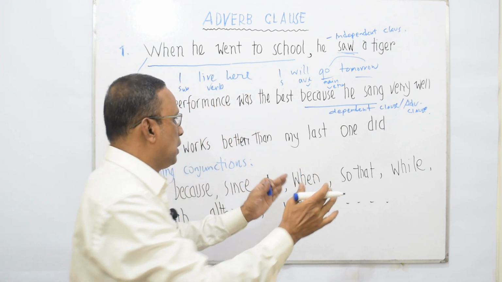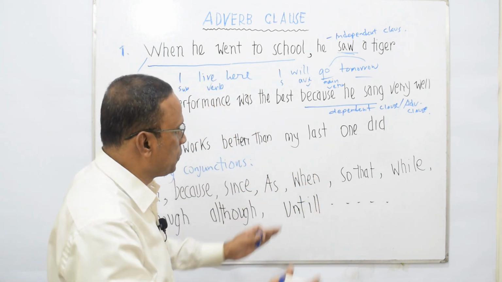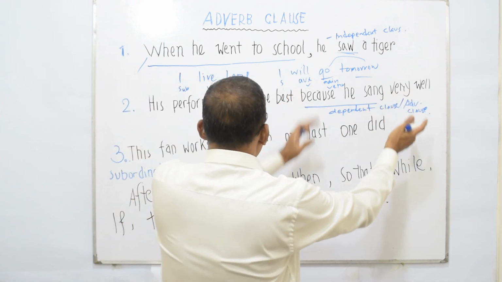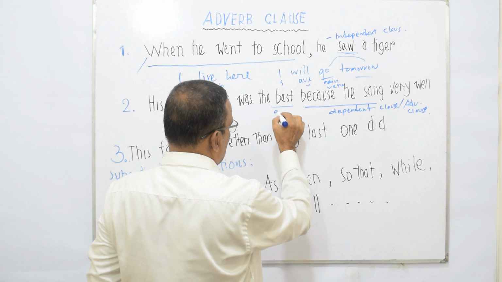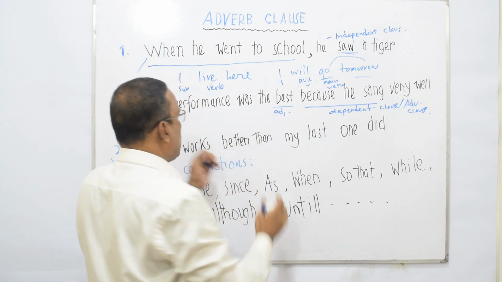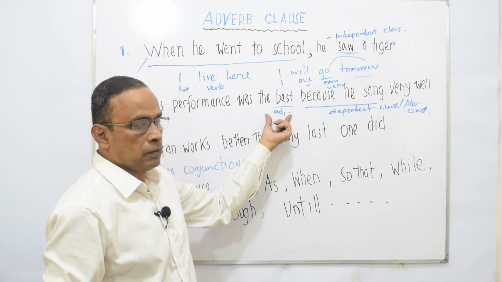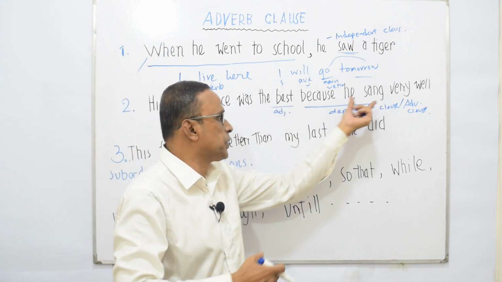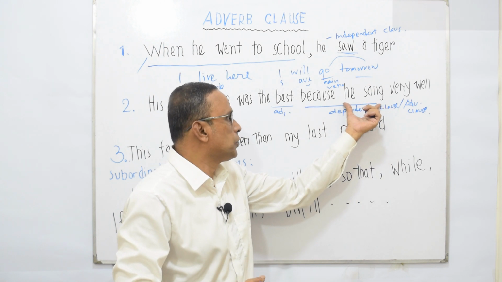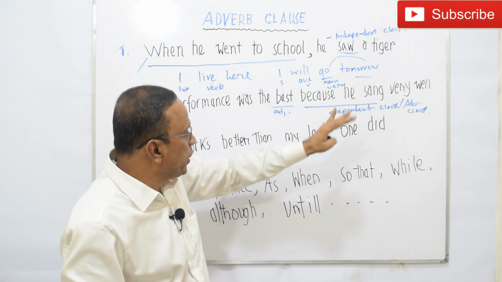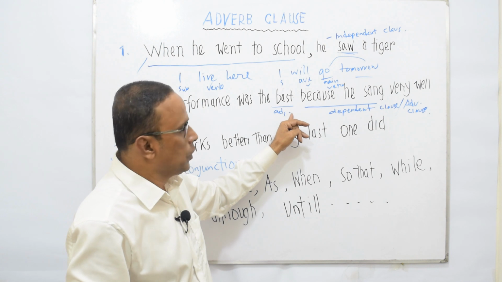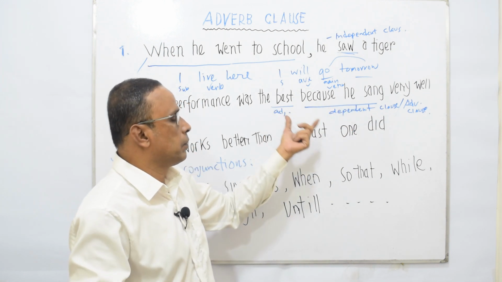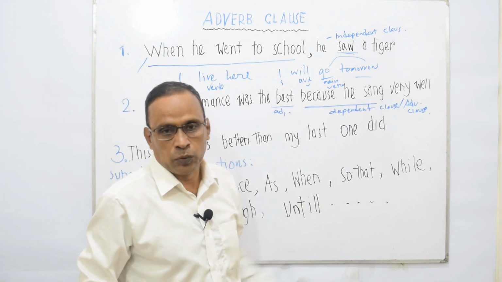Mainly this is a dependent clause, but it has become an adverb clause because this clause is modifying this adjective. But why was his performance the best? Because he sang very well. So this clause is modifying the adjective best. So we know the clause which can modify an adjective can also be an adverb clause.